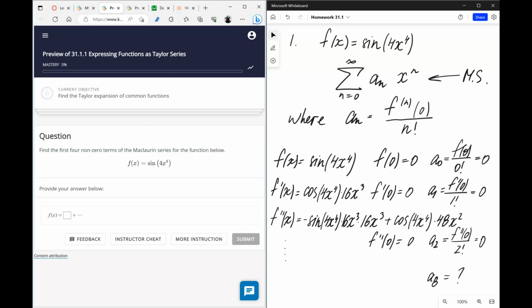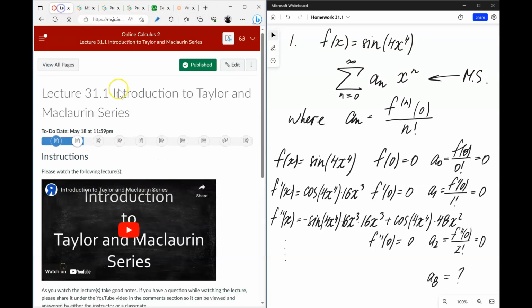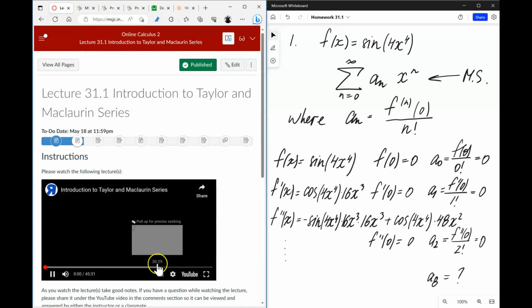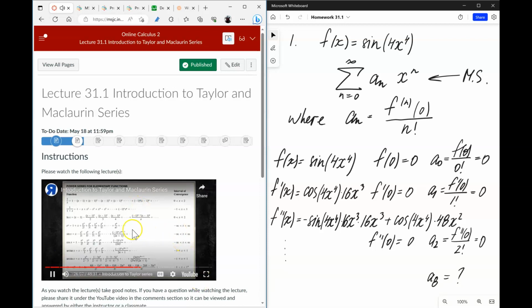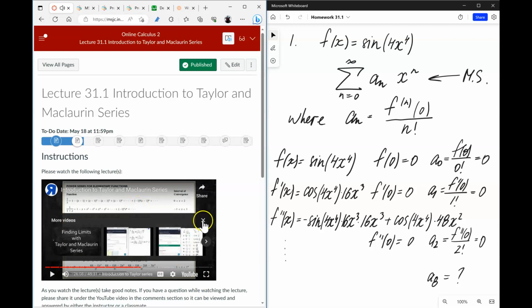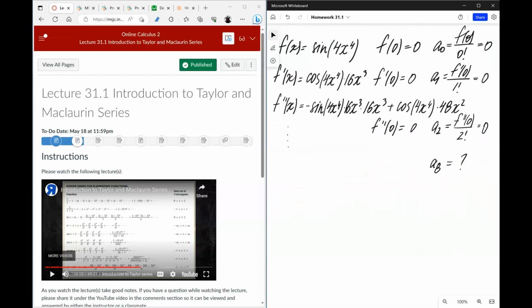Instead, we're going to look up the Maclaurin series for sine of x, which was shared with us in the lecture along the way, right over here. And we're going to use that as a starting point.